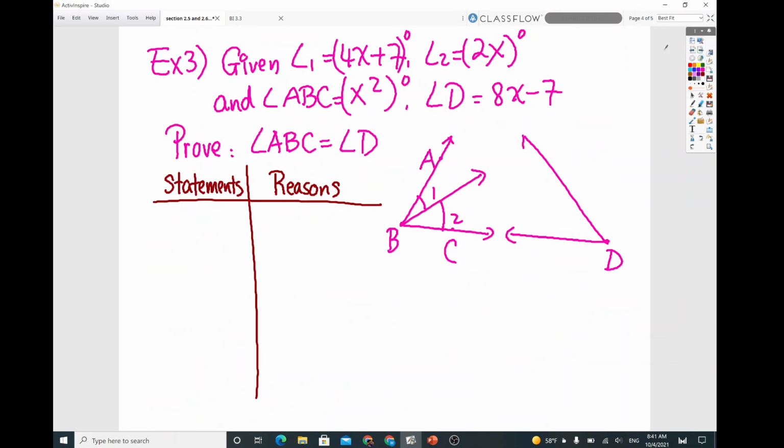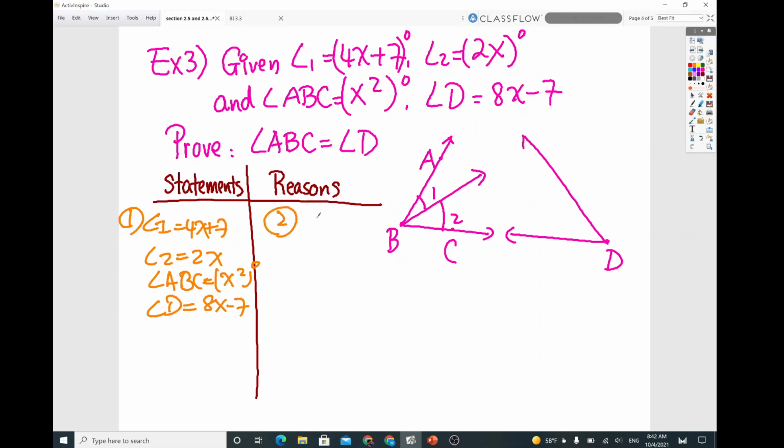Given that angle 1 is 4x plus 7 and angle 2 is 2x, we want to show that angle ABC is the same as angle D. Whatever is given, just rewrite all that information: angle ABC is x squared degrees, and angle D is 8x minus 7.